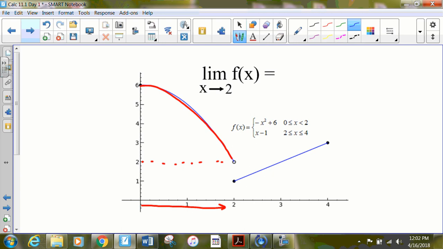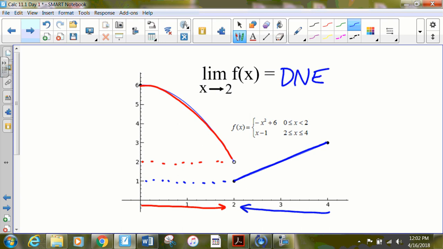Coming from the right, as x is approaching 2, the y value, f of x, is decreasing, and it's approaching 1. So they're not approaching the same thing like they were in our first few examples. And when that happens, we know it's right? We write does not exist, DNE.